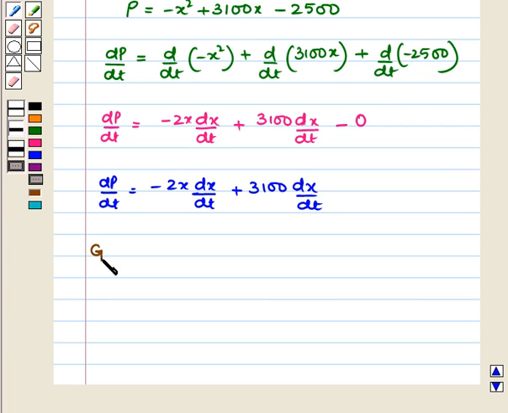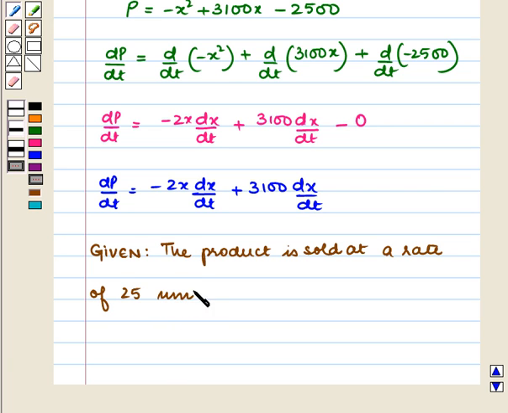We are given that the product is sold at a rate of 25 units per month.